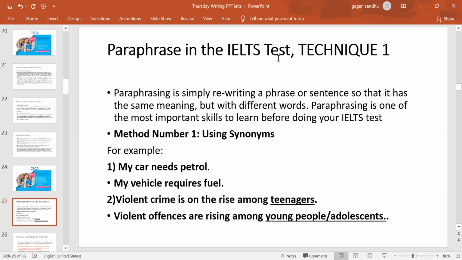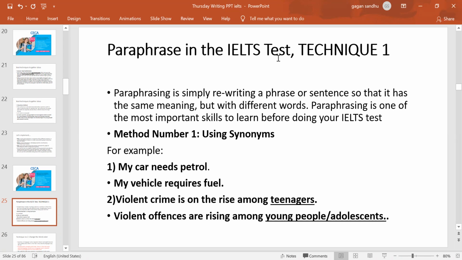That's what we call paraphrasing. So as we know, in the introduction, we have to restate the statement given, but we cannot use the same words, so we have to paraphrase it, right? So here the first method is you can use synonyms, right? If you know the synonyms, the other words for the same word, you can simply use them and it will paraphrase the statement for you.